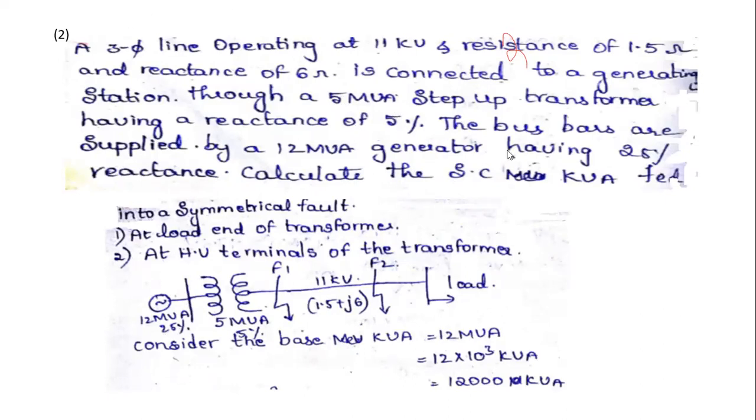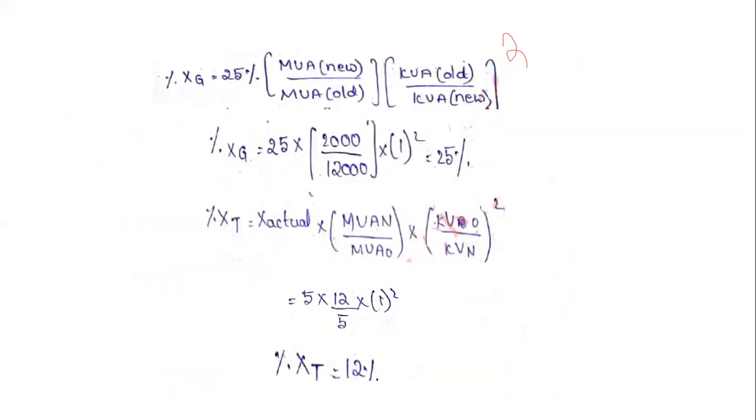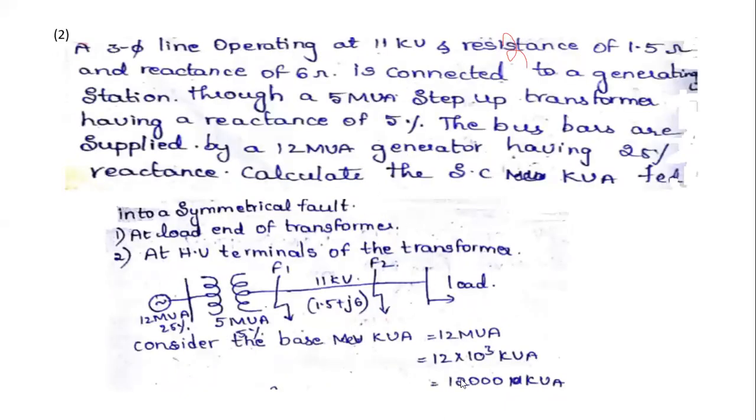Okay, in this question there is no representation of MVA. The generator having the 25% reactance. Old value is the base value and base MVA. We are assuming the base MVA is equal to 12 MVA, that means 12,000 kilovolts.